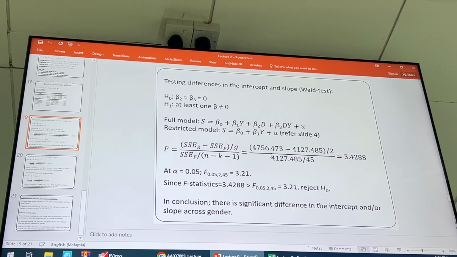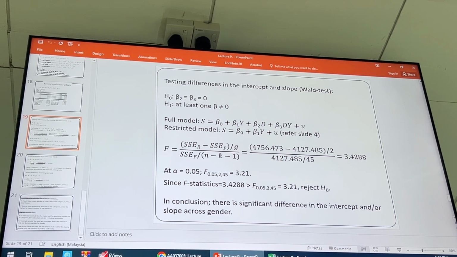For this manual calculation, I leave it to you to do later. You need to estimate the full model that has all the variables, and then if the coefficients are equal to 0, this one 0 and this one 0, that is our restricted model. You estimate this model without those variables and get the SSE for the restricted model, and then you can calculate.